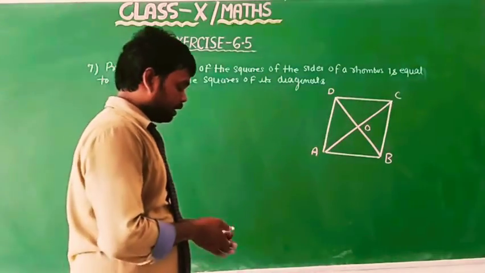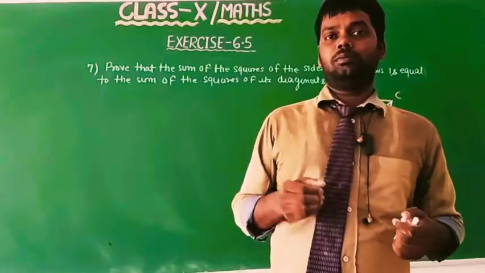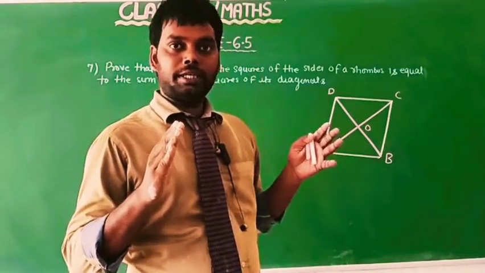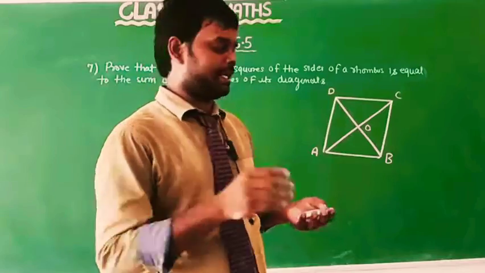As you also know, the property of a rhombus is that its diagonals bisect each other at 90 degrees.